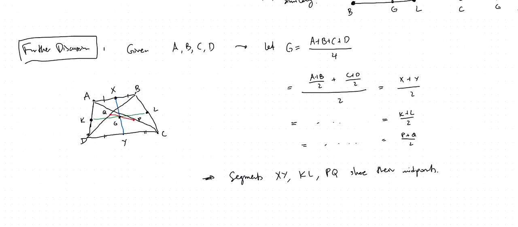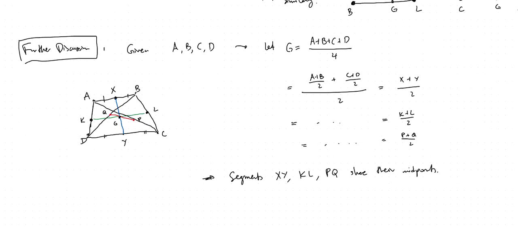By the way, do you know what happens when two segments share a midpoint? When two segments have the same midpoint, does this remind you of something? Yeah, the 4 points form a parallelogram. Parallelogram, exactly. So this is an alternative way to prove this.